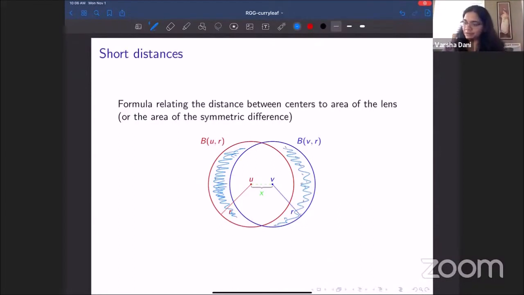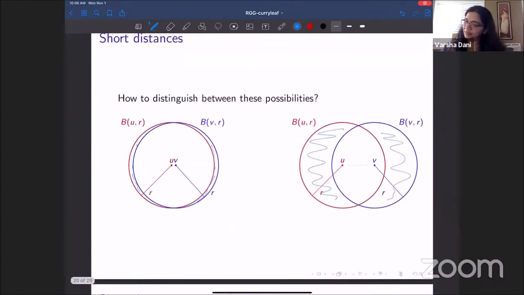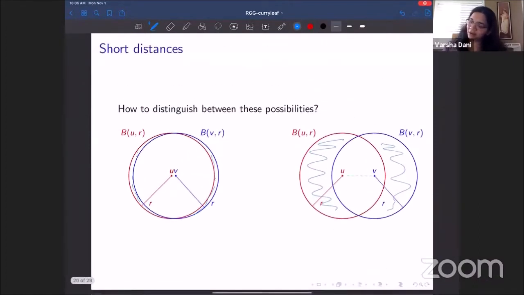And then we invert this formula to get the distance, okay? So you should be able to see that because there's a tiny area here, this thing will collect only a few points, and therefore, when you apply the inverse of the formula to it, you should get only a small distance.